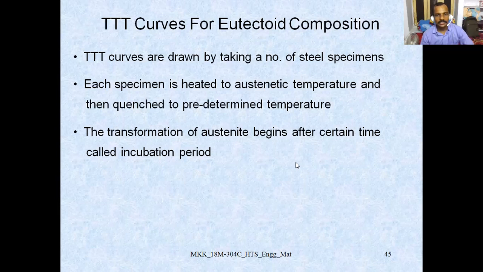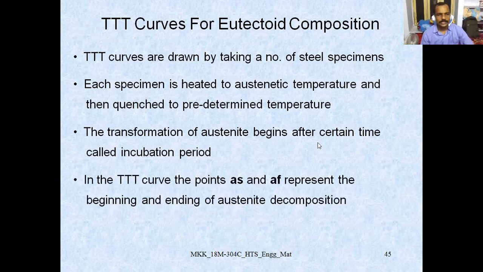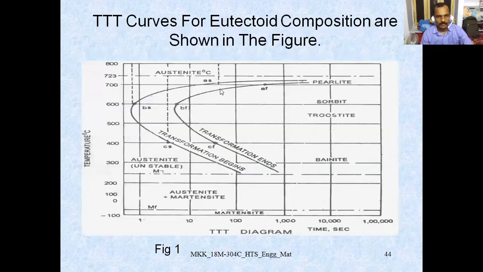So the waiting period is known as the incubation period. In the triple T curve, the points AS and AF represent the beginning and ending of austenitic decomposition. AS and AF are the beginning and the ending of the transformation.